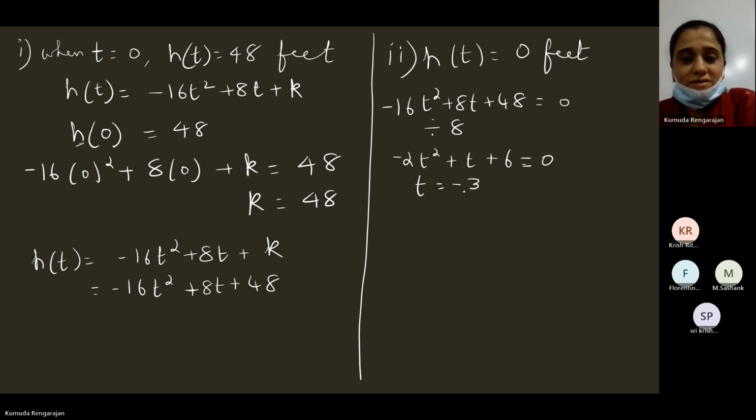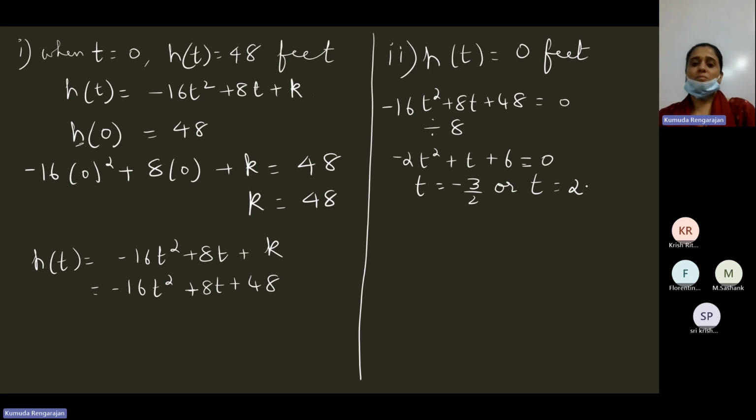Minus 3 by 2 and 2. T is 2. Okay. All of you got this? Okay, let's do it then.